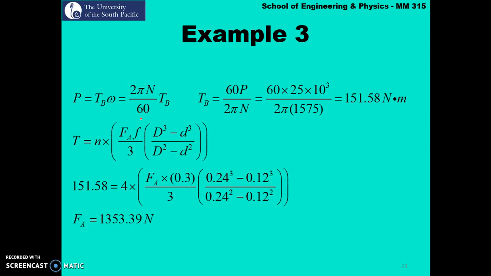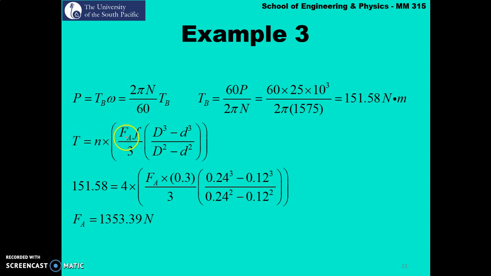Power is equal to torque times our angular velocity. So we can simply calculate our torque. Substituting, you will end up with the value of 151.58 Newton meter.